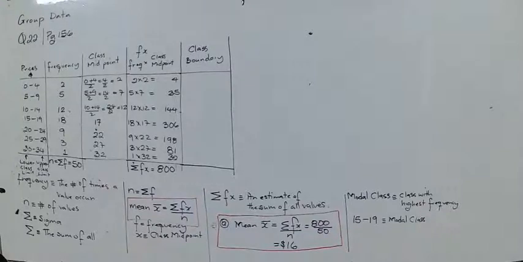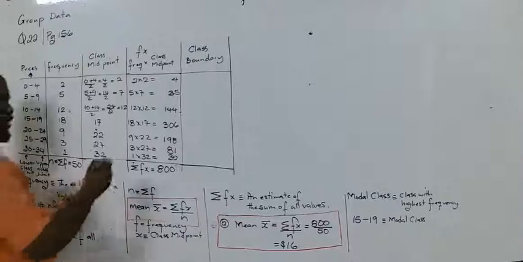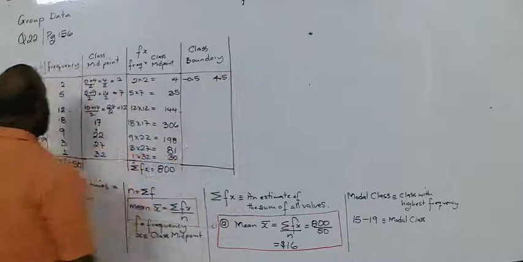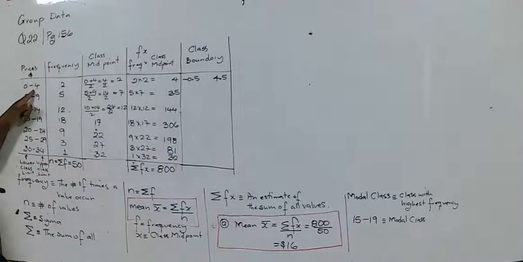Here's how you get the class boundary. You're going to add 0.5 to the upper limit, and take away 0.5 from the lower limit. This is minus 0.5.